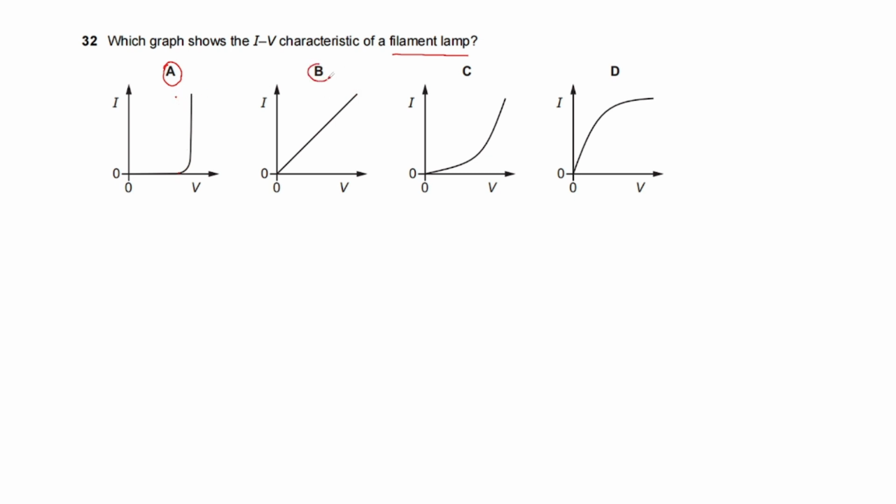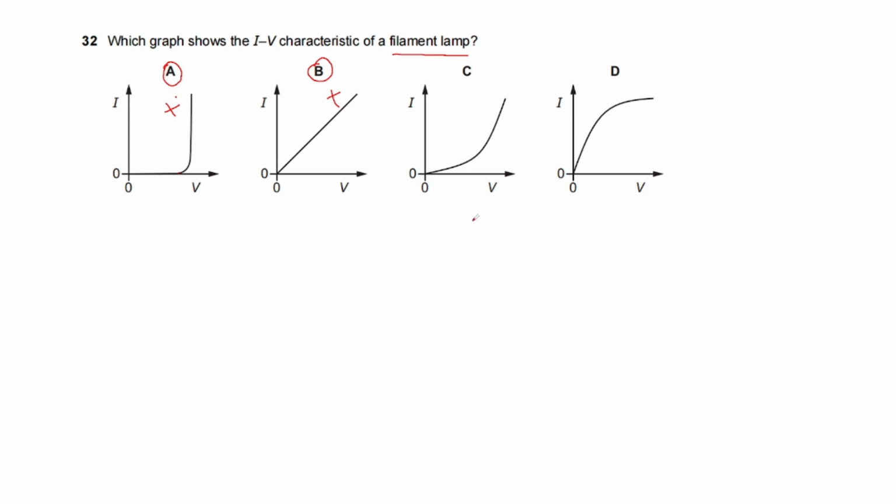Then the second option, here this is a straight line, which means that it is always obeying Ohm's law, or it is having a fixed resistance value. So this is also a wrong option. So option C, here you could consider the gradient.